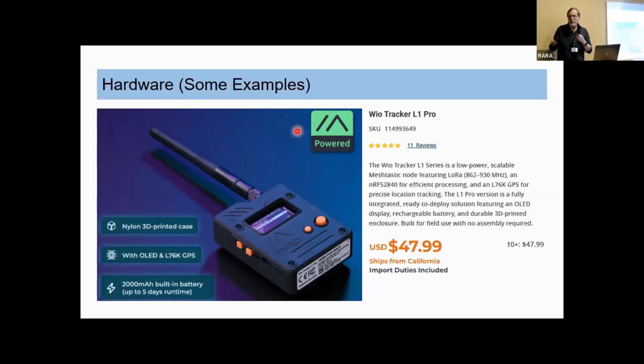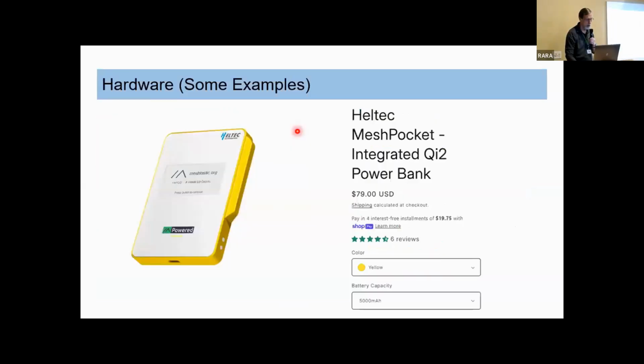By the time you do all that stuff, if you just want to play around with Meshtastic, something like this seems like a much better deal today than maybe a couple of years ago, when there weren't as many of these. So that's another one I'm not endorsing. I've never played with it, but it seems like a good price, and it's a good example of what nodes are like today. This is a cool little node. It's a Heltec.